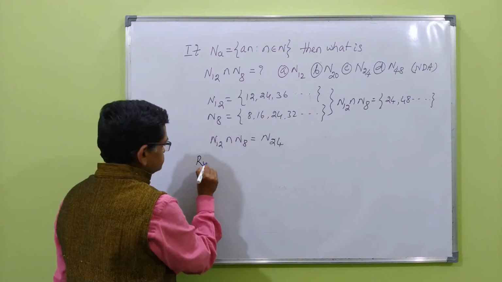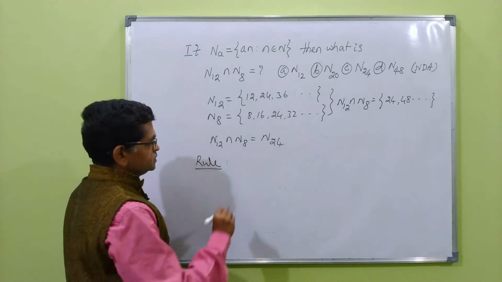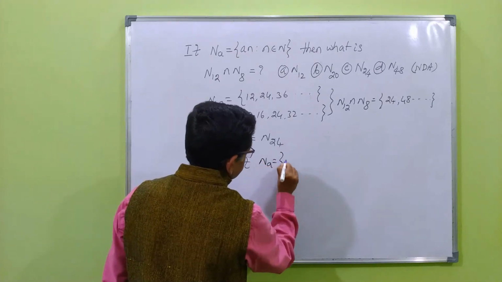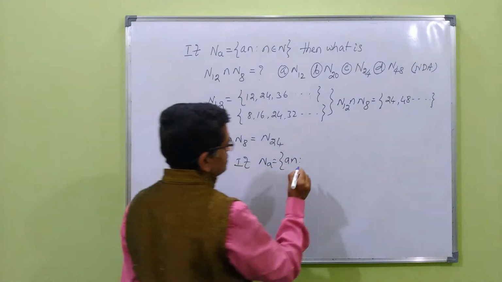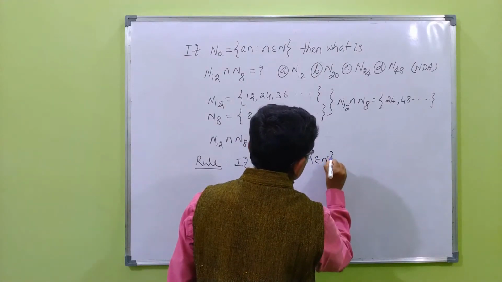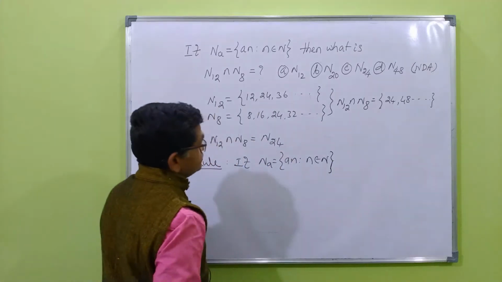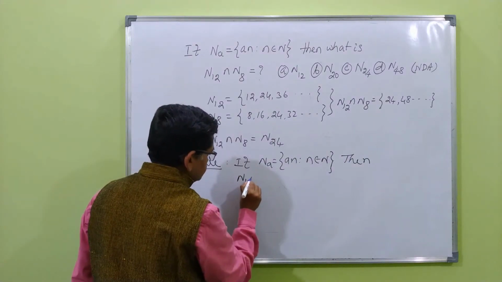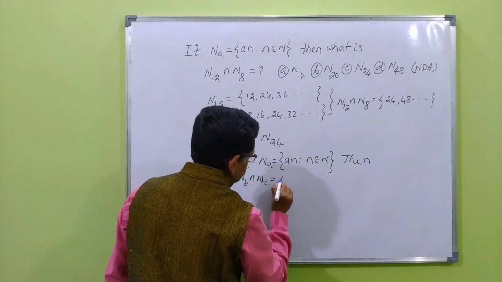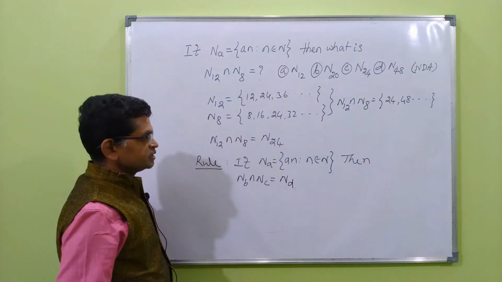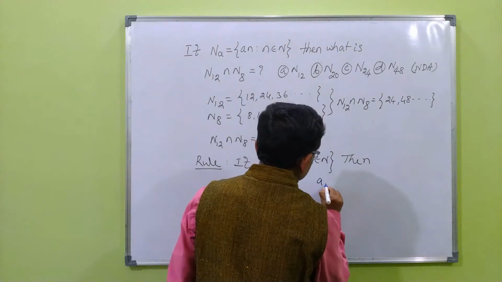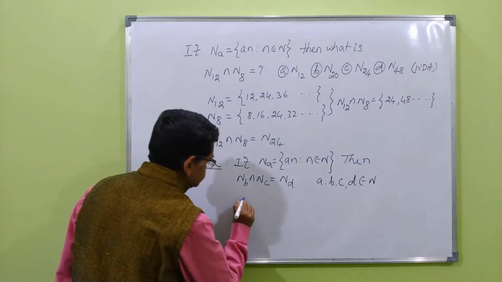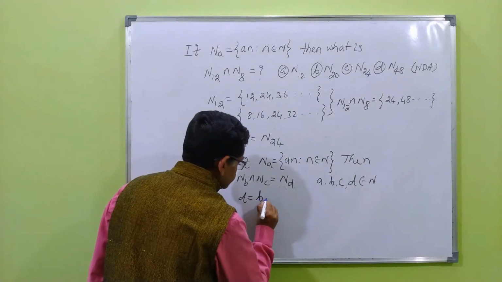The rule is, if N_A is defined as n into a, where n is an element of N, then N_B intersection N_C is equal to N_D, where A, B, C, D are natural numbers and D is given by B into C.